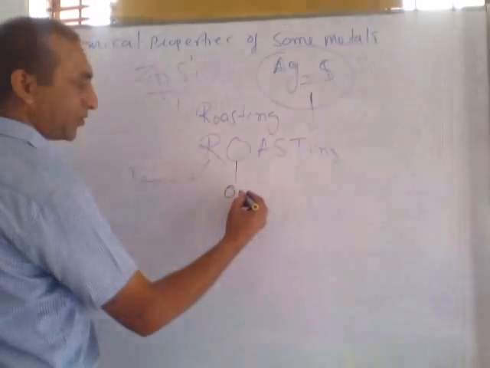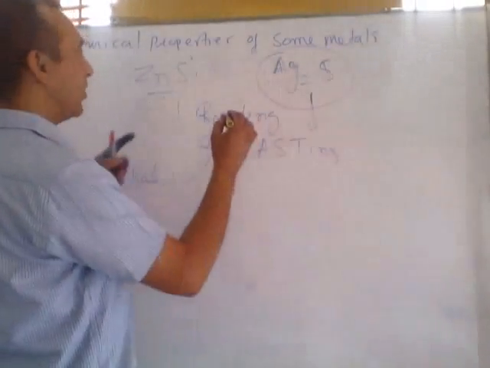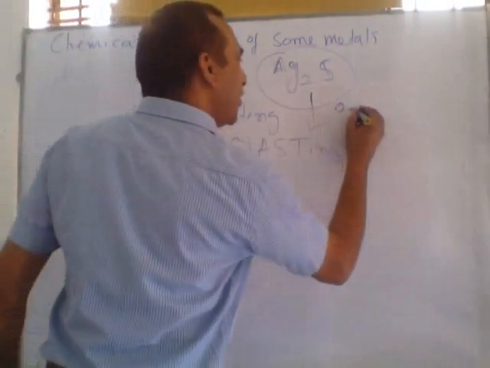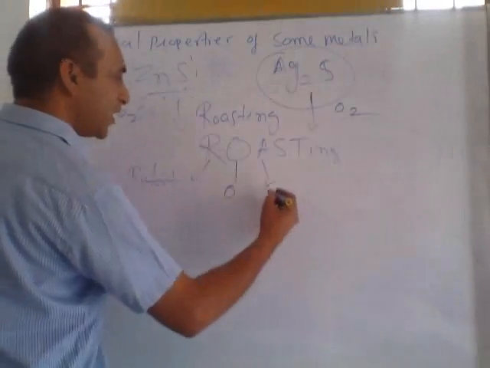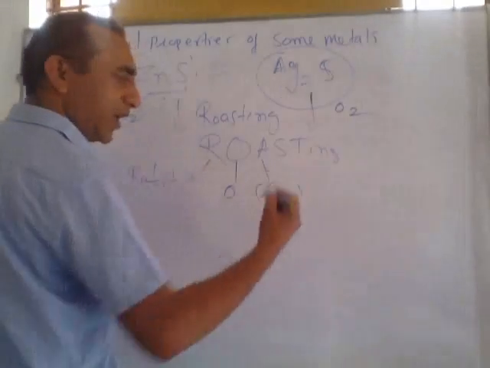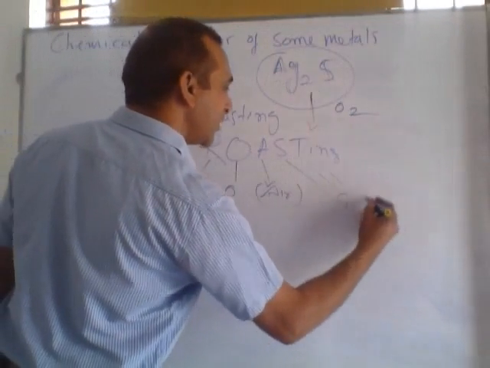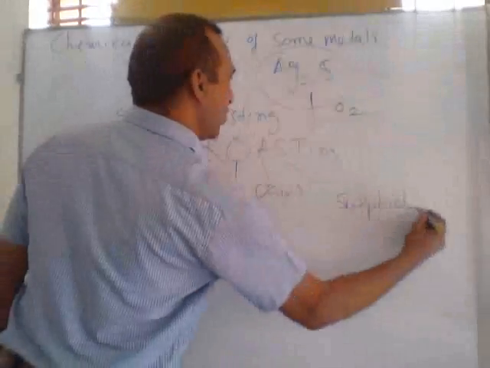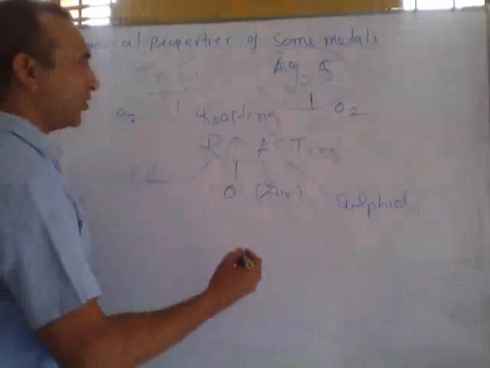O means oxygen. The roasting process is used in the presence of oxygen, otherwise we can say in excess of air. S means sulfide. So the roasting process always takes place with sulfide.